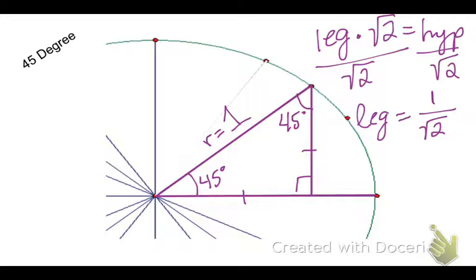Now, in previous math classes, we have discussed how we never leave radicals in the denominator. That rule still applies, so we have to rationalize the denominator.